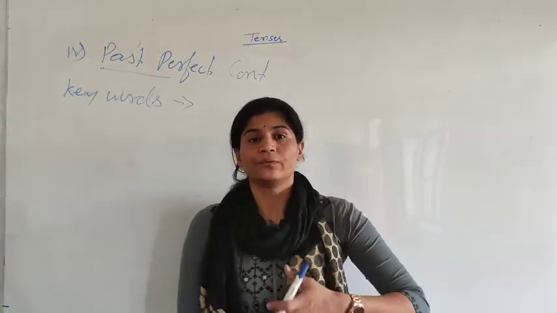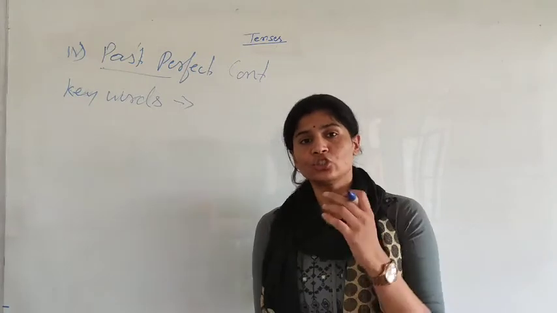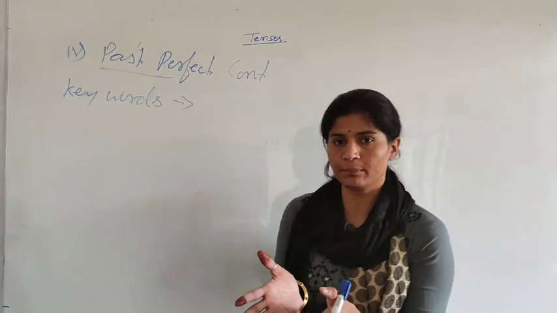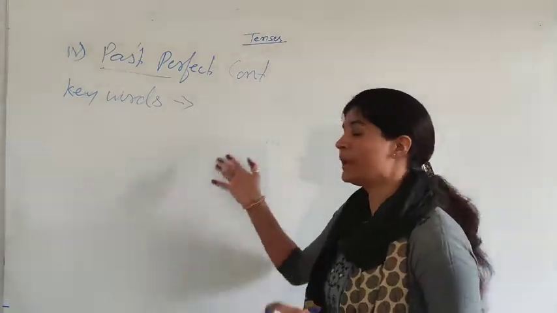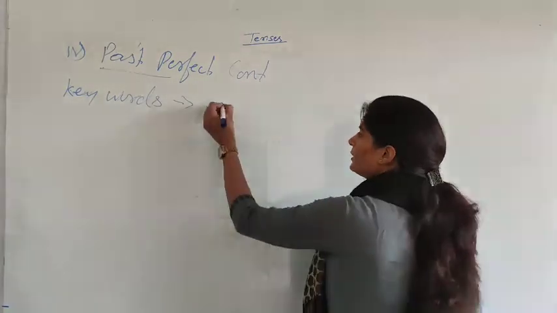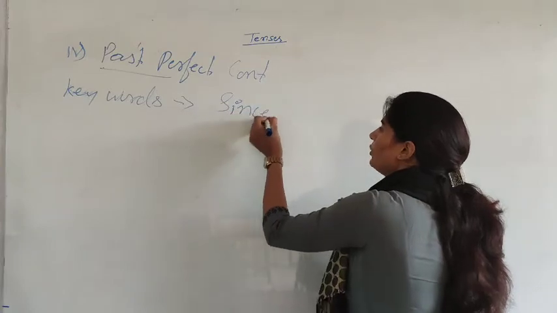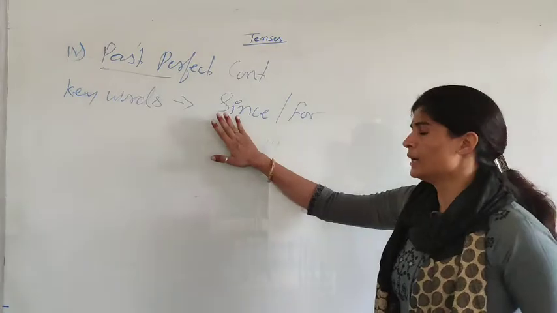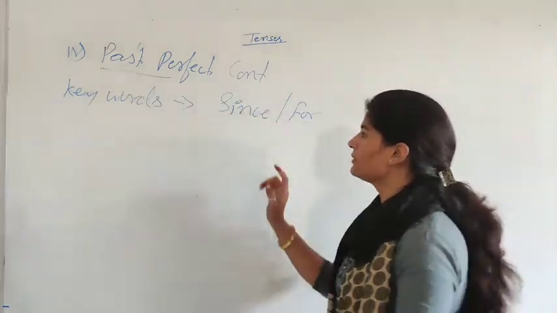Any action which shows the continuity and completion of an action within a time period, or within a time we can say in the past. The keywords are since, for, as we already have done in the present perfect continuous. The keywords are constant, that is since, for.